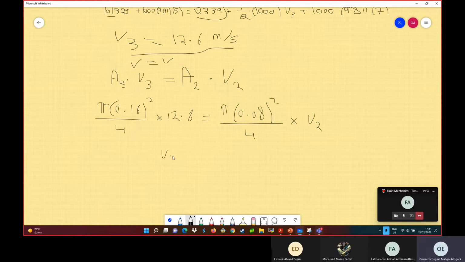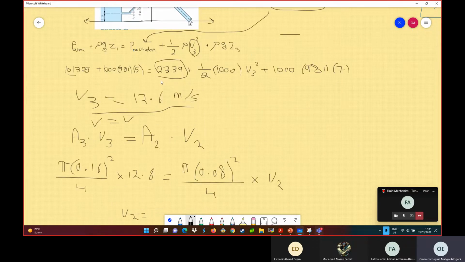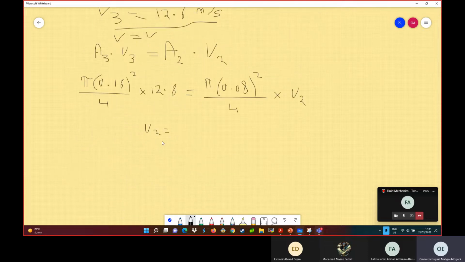Now what's V2? Remember, we are still not sure if the cavitation will occur here. I assume that cavitation will occur here, and now I want to confirm that. I'll show you how. Let's just calculate V2.